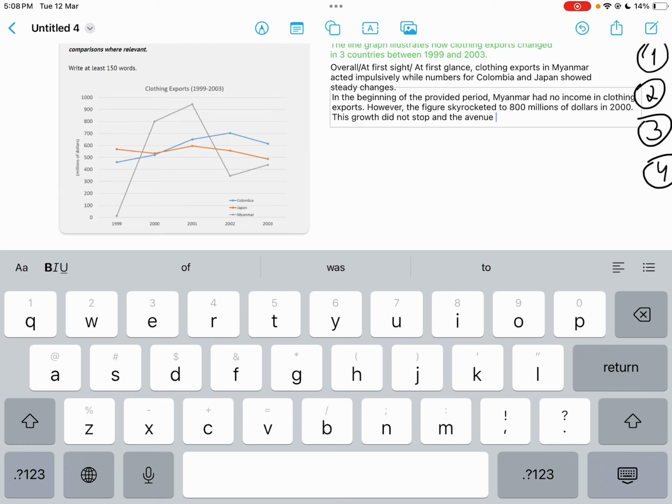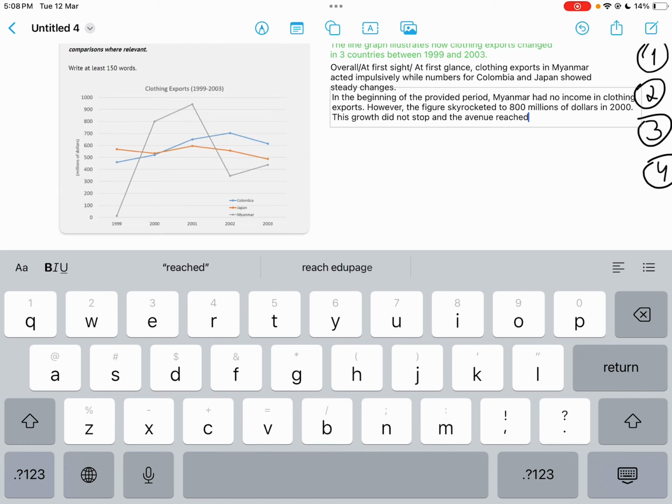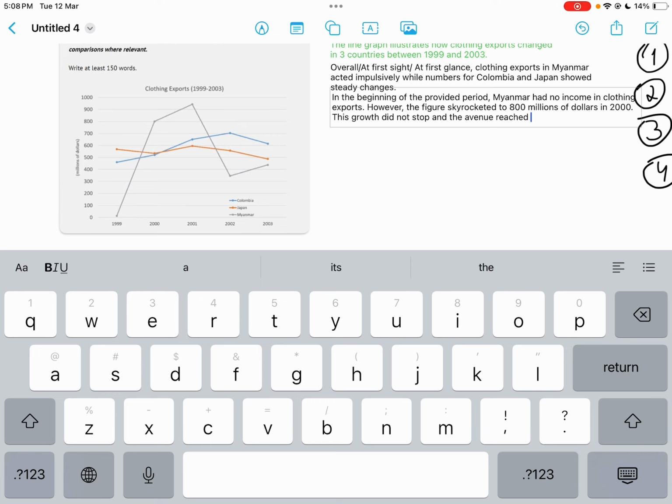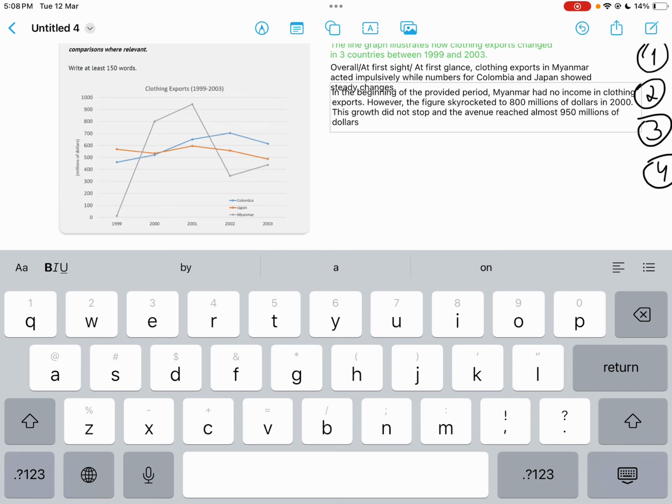The revenue reached almost 950 millions of dollars after a year. Just after a year.